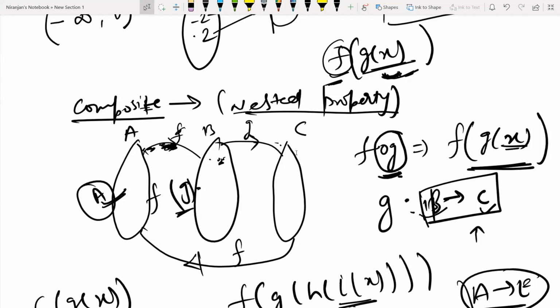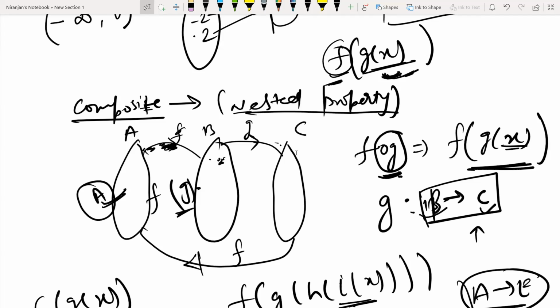So, what Mansi said, I'll just rephrase it a bit. What she's saying is that if you have a defined mapping from one set to another set, and on that other set there is also another mapping defined, then you can compose these two mappings.